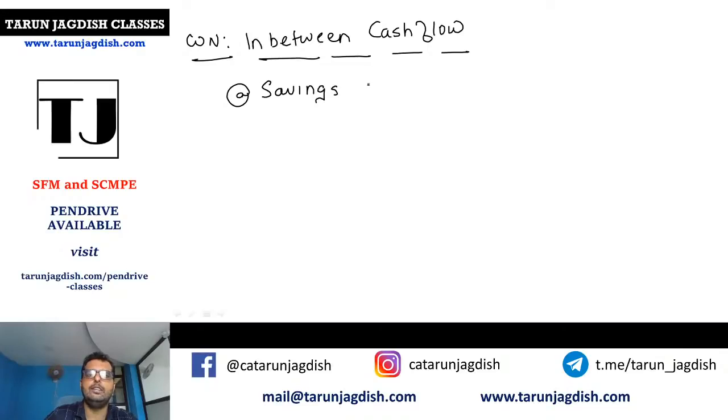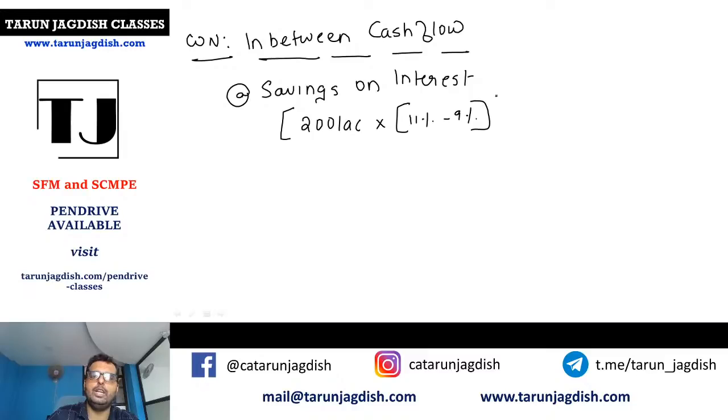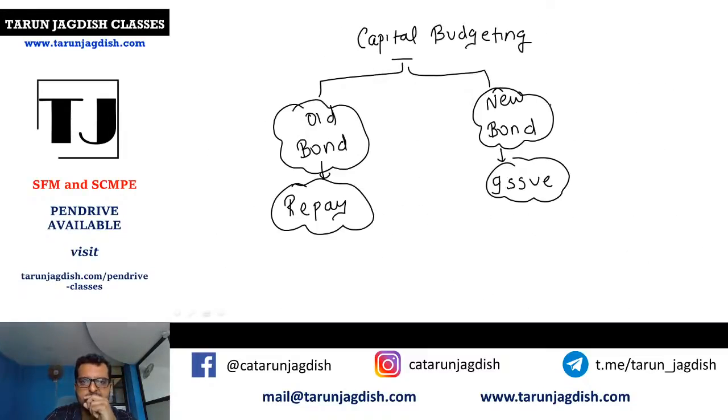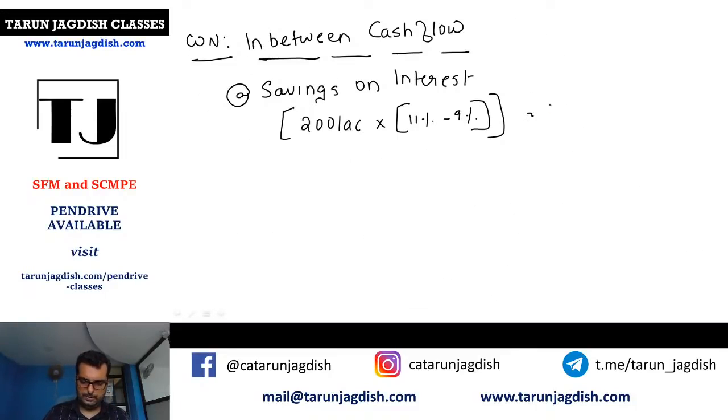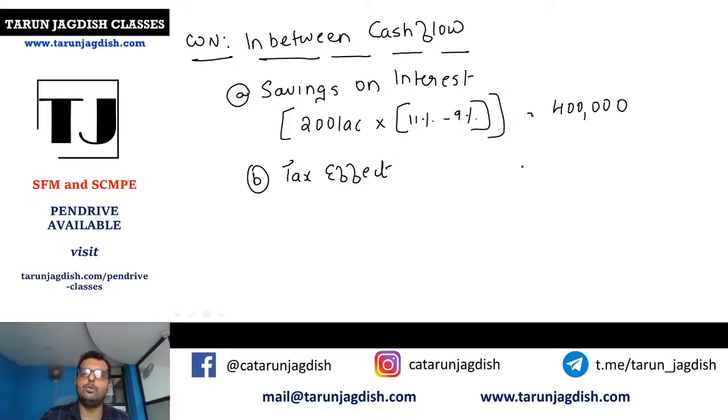Savings on interest, that is the main thing that happens in the in-between cash flow. On 200 lakhs, I was earlier paying 11%. Now I have to pay only 9%. Am I right? Let me just confirm this part. Yes. So I'm saving flat 2% on 200 lakhs, which turns out to be 4 lakhs. On this 4 lakhs, once I save, I will have to pay tax at the rate of 30%.